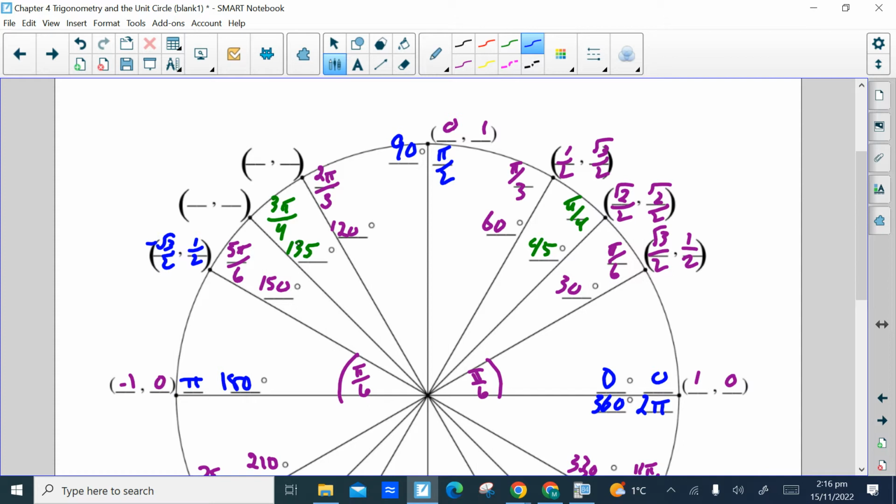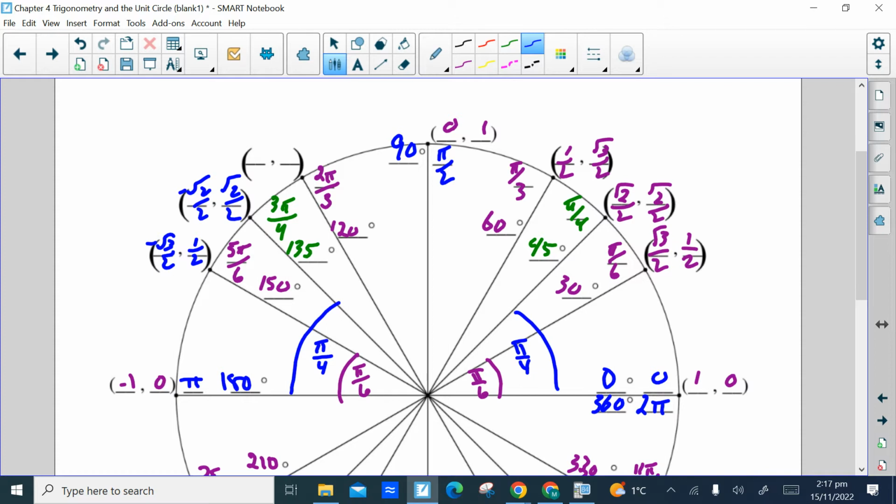So the ones that have the same denominator of 4, that has a reference angle of pi on 4 radians, as does this one right here, a reference angle of pi on 4 radians. So the coordinates will be the same, except there's a change in the sign for the x value because you're going left from the origin. But your y value remains the same because you're going upwards.